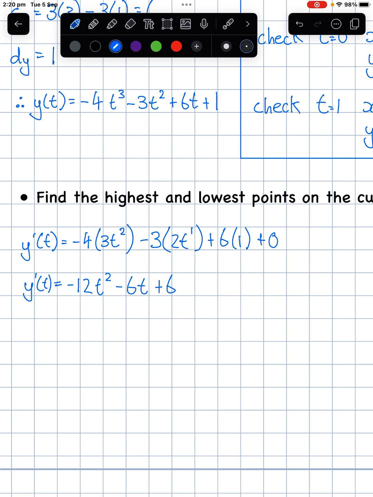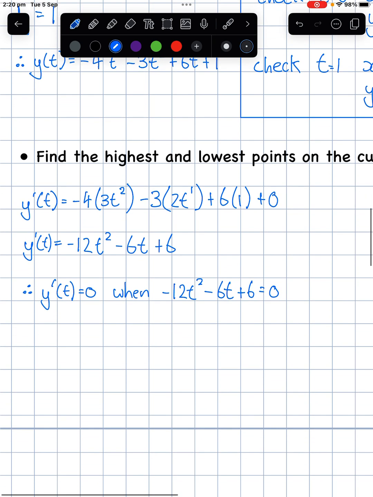Now, we're looking at when y dash of t equals 0, therefore y dash of t equals 0 when -12t squared - 6t + 6 equals 0. We can divide this all by 6 and we get -2t squared - t + 1 equals 0.